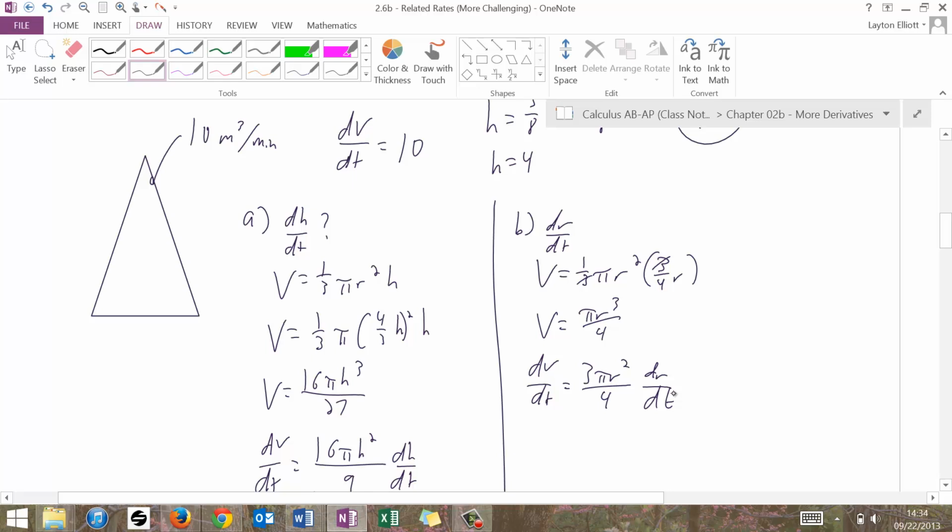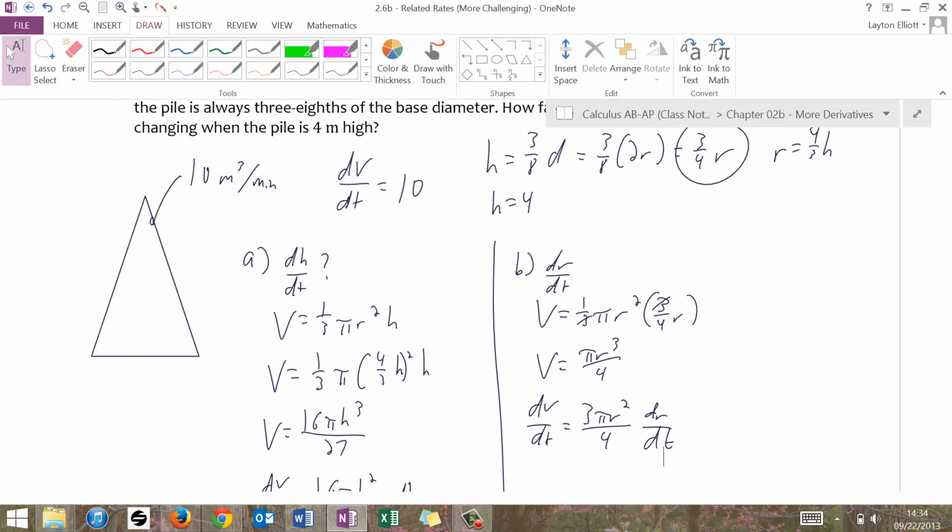So then I have to figure out what r is. I know h is 4, and r is 4/3 h, so r equals 4/3 times 4, which is 16/3.